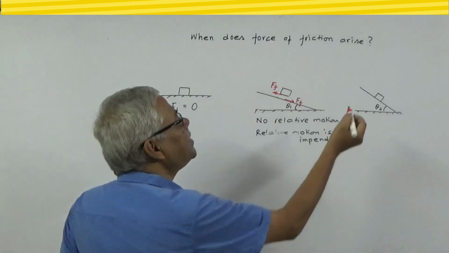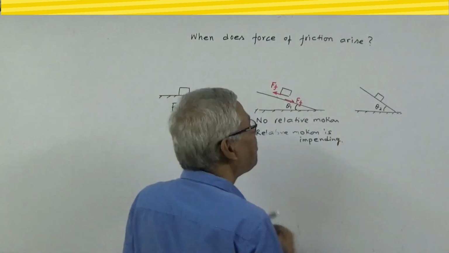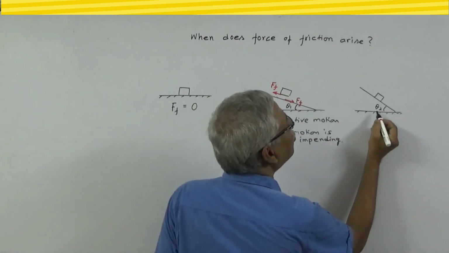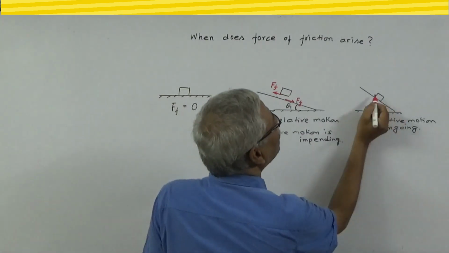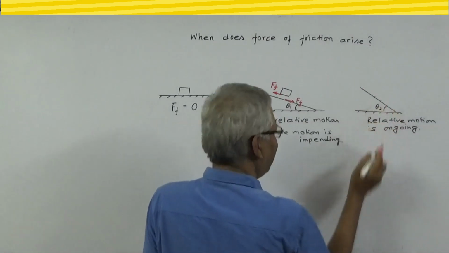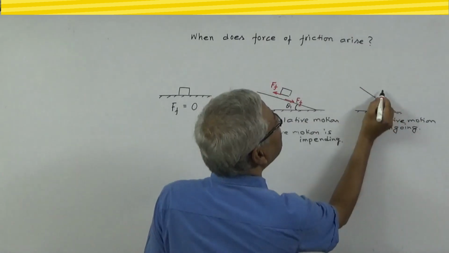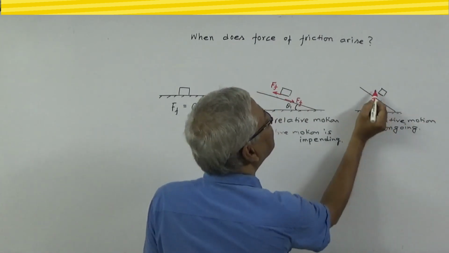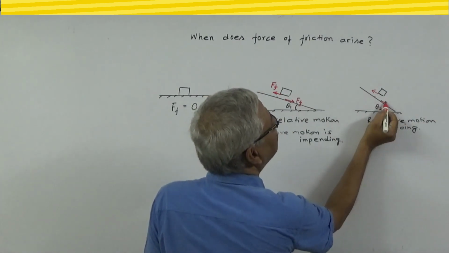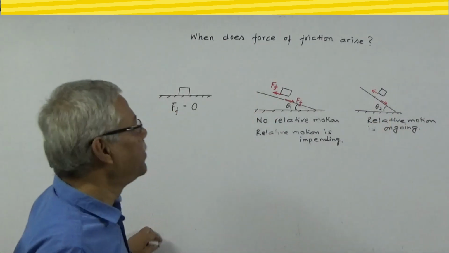In this case, relative motion is ongoing. So on this body, frictional force is acting in this direction, and on the surface, it is acting in this direction.